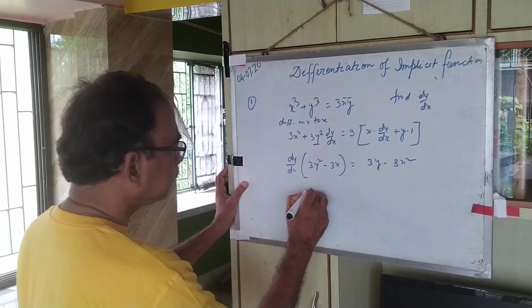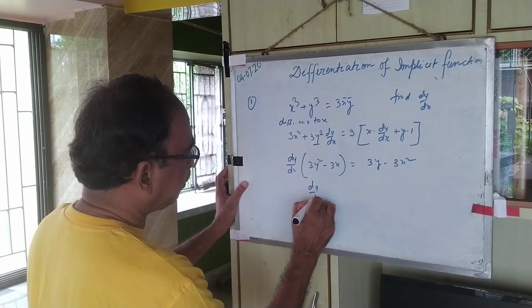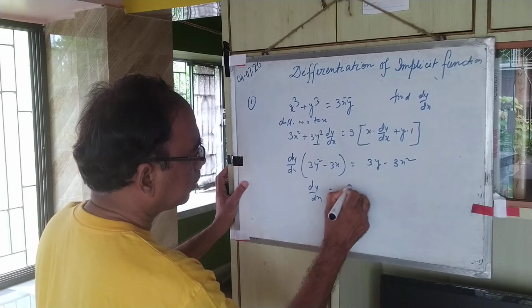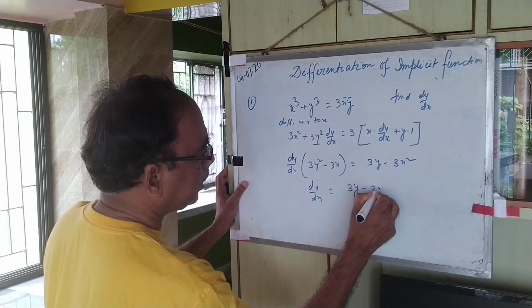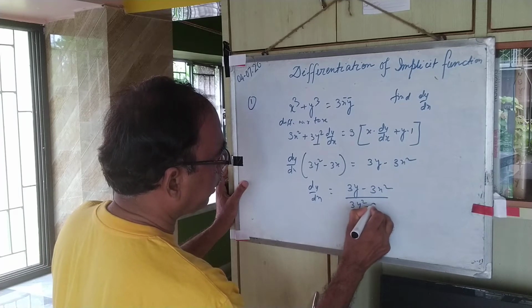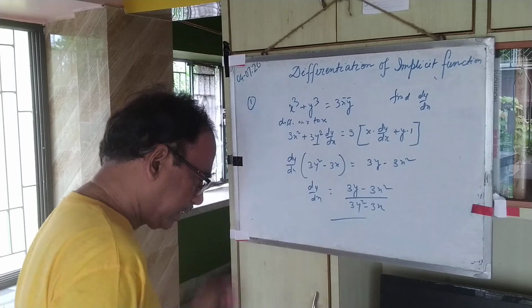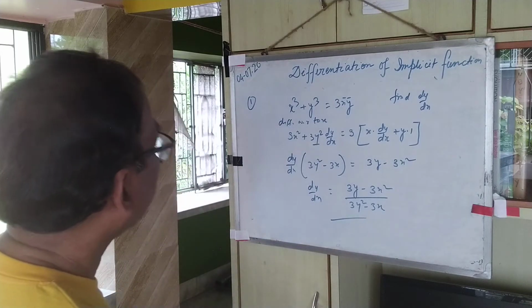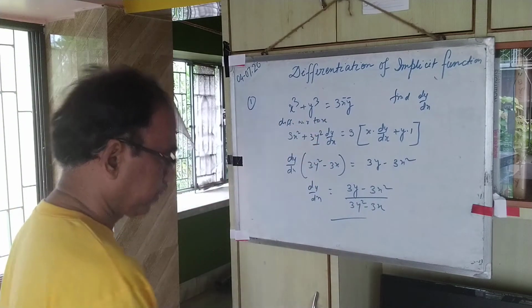Then dy by dx equals (3y minus 3x square) by (3y square minus 3x). This is the derivative of this function.